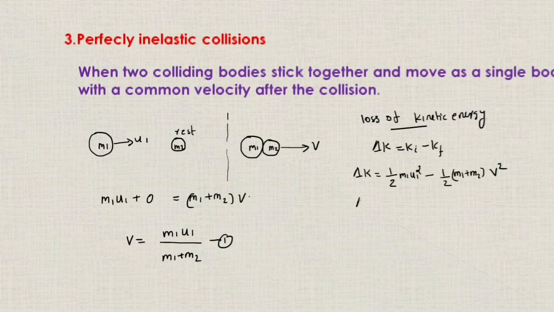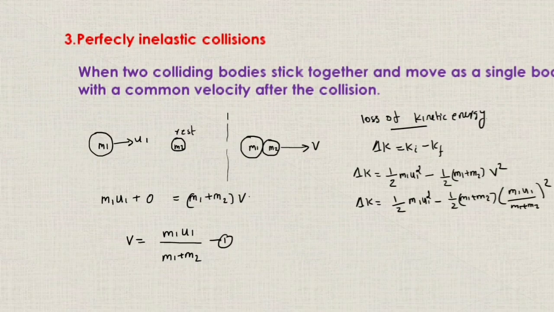So we can substitute: the loss of kinetic energy is equal to half m1 u1 square minus half into m1 plus m2 into v square. What is V? See equation number 1, that is m1 u1 divided by m1 plus m2, the whole square.